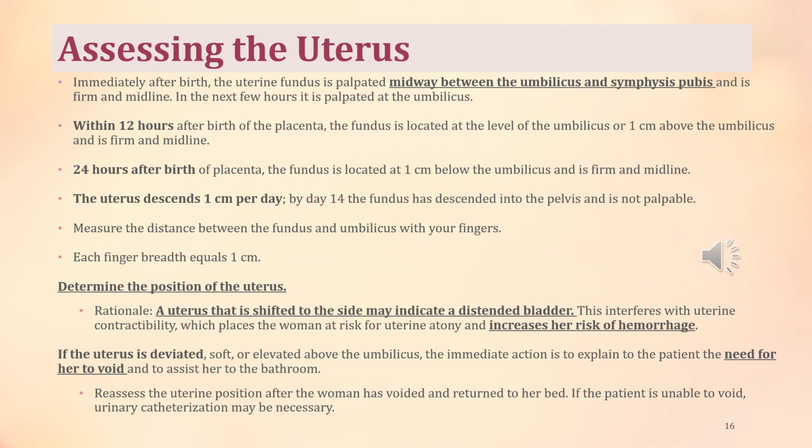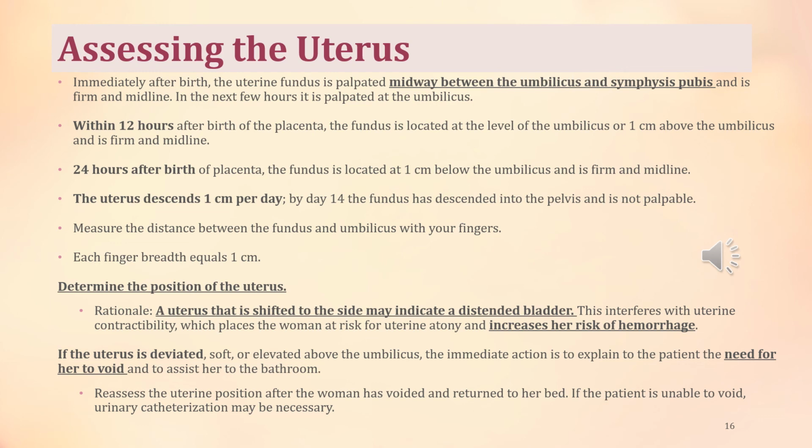So remember when I discussed a distended bladder, if you look towards the bottom here, a uterus that's shifted to the side may indicate a distended bladder. So if I go to assess that uterus, and it is not in the middle and it's slightly to one side or the other, then I'm going to be concerned that this patient has a distended bladder.